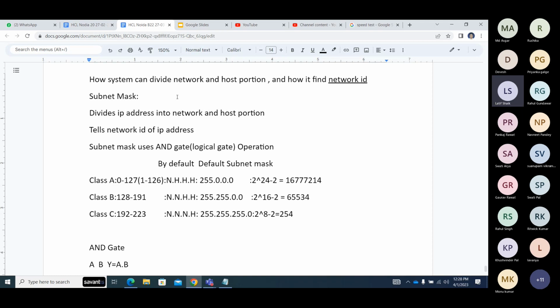The subnet mask tells the network ID of your IP address. The subnet mask uses the AND gate, a logical gate, an AND gate operation to divide an IP address into network and host portions.